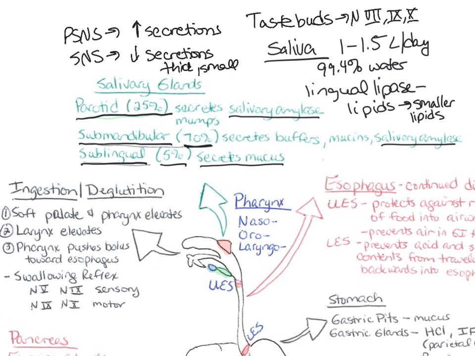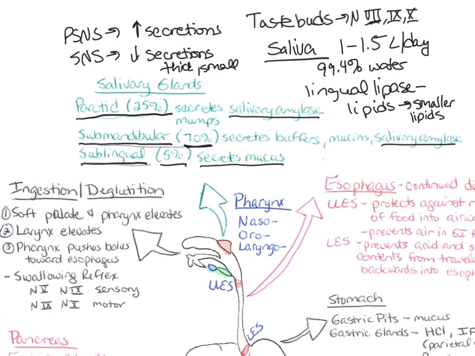So this should be kind of familiar. We know that on the tongue, in the anterior 2/3 of the tongue, cranial nerve 7 will monitor taste. On the posterior 1/3, cranial nerve 9 will monitor taste. And in the throat, cranial nerve 10 monitors the taste. So the taste buds pick up that taste sensation and send it back to the brain. And then the brain's going to send out motor commands to these salivary glands telling them to secrete.